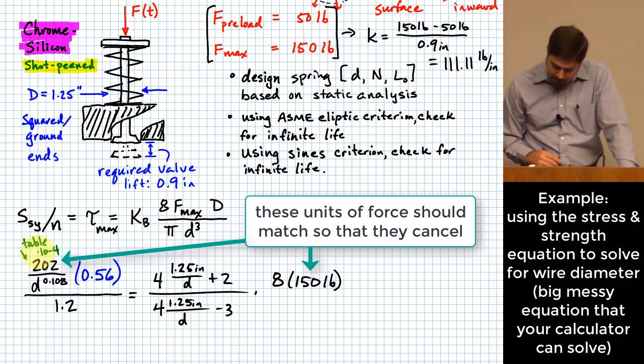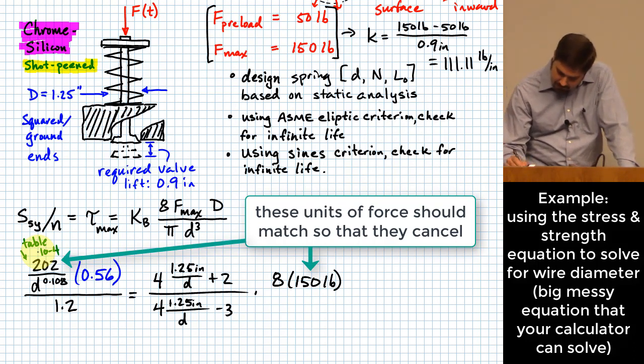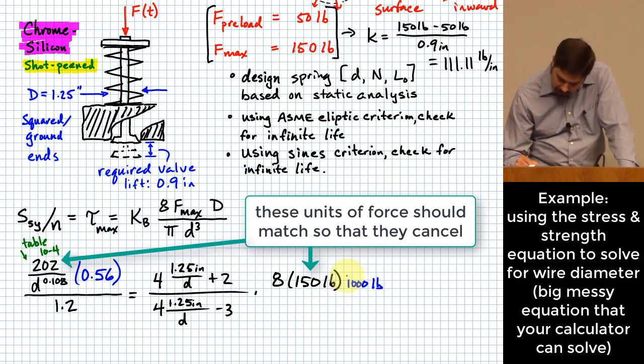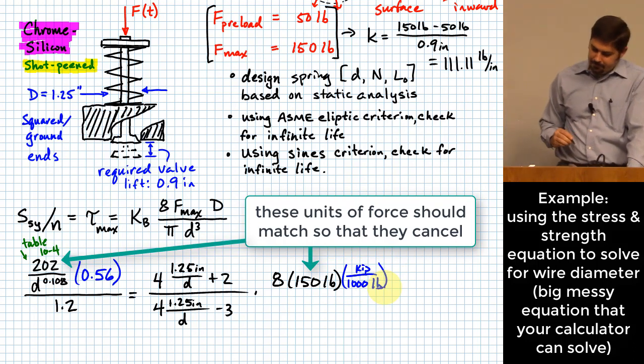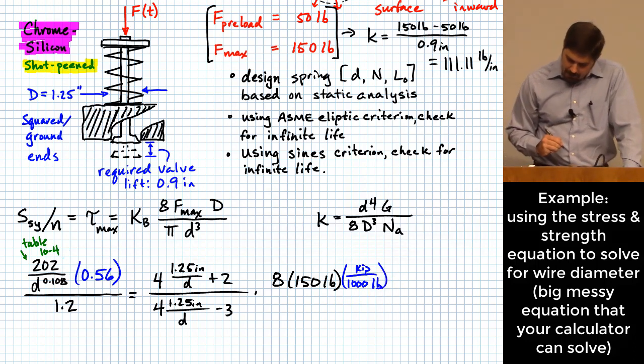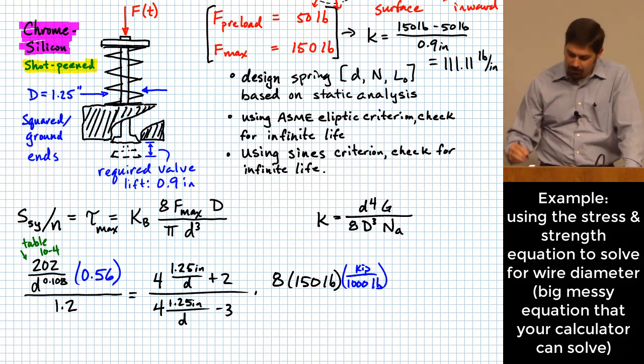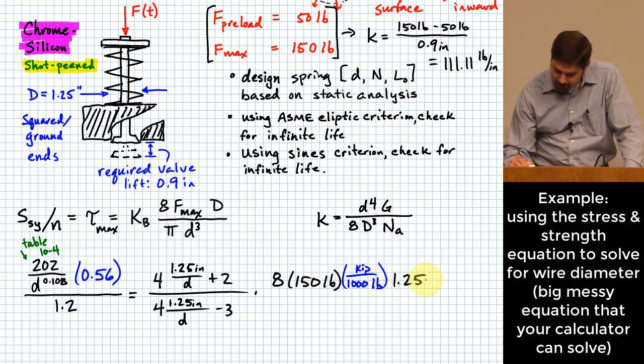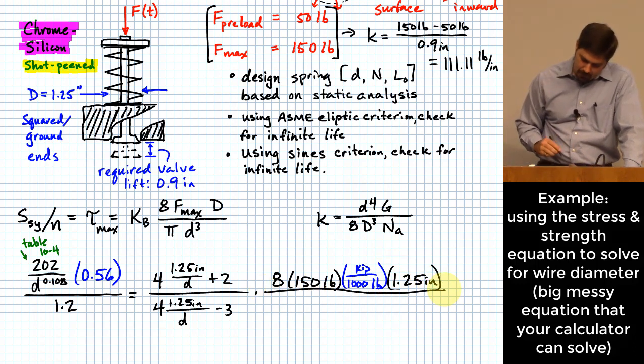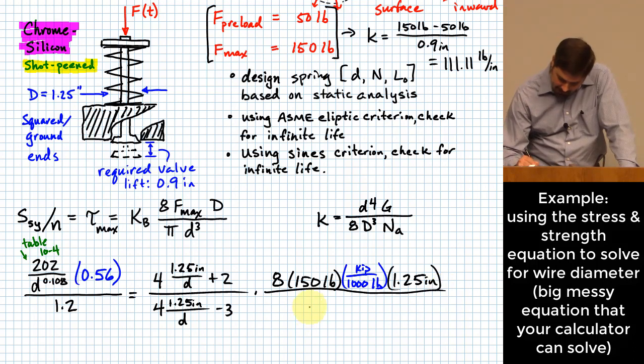I'm not opposed to doing it on this side. May as well put it in there as 1,000 pounds is 1 kip. All right, and then we have our mean coil diameter again of 1.25 inches. And I take this and divide it by pi times my wire diameter cubed.